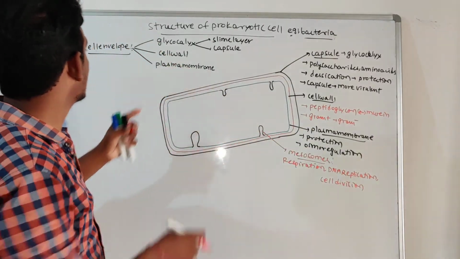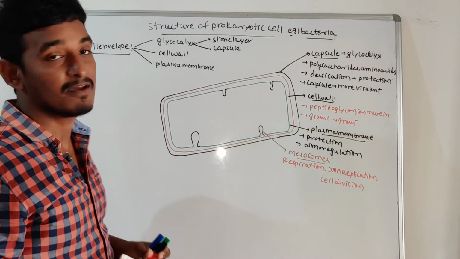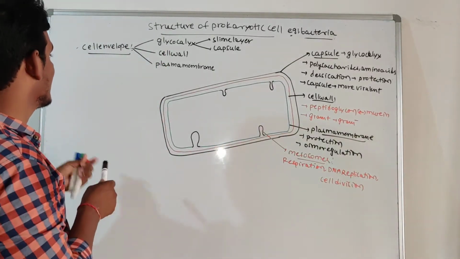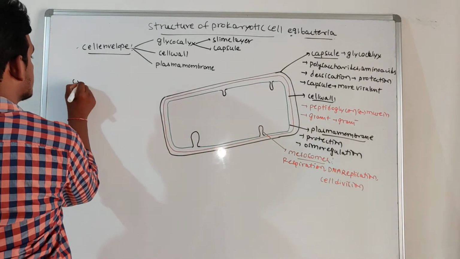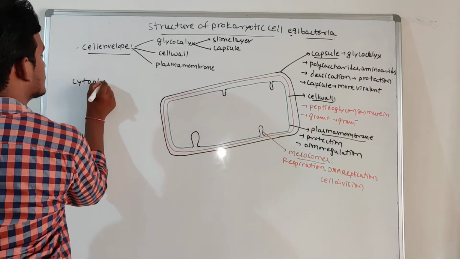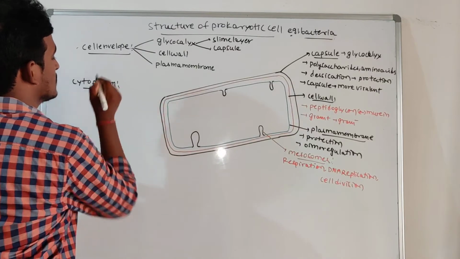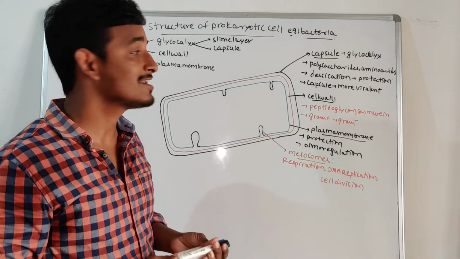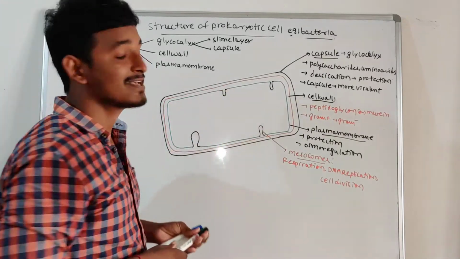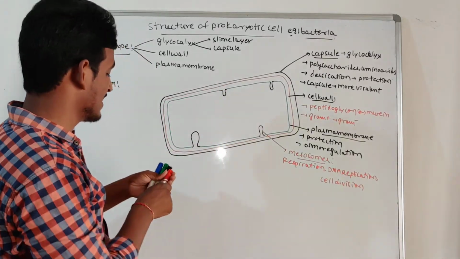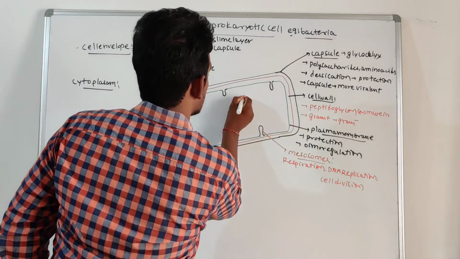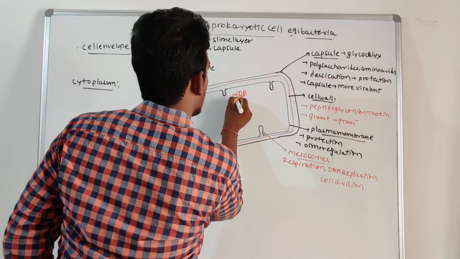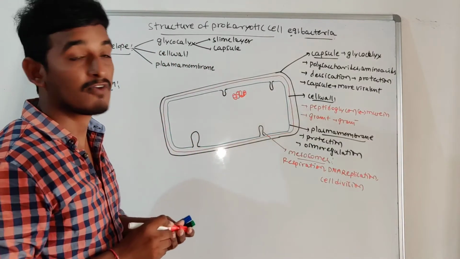Up to now we have completed the cell envelope. Later we will discuss what is present in the cytoplasm, where the cellular activities take place. Here there is circular DNA present.